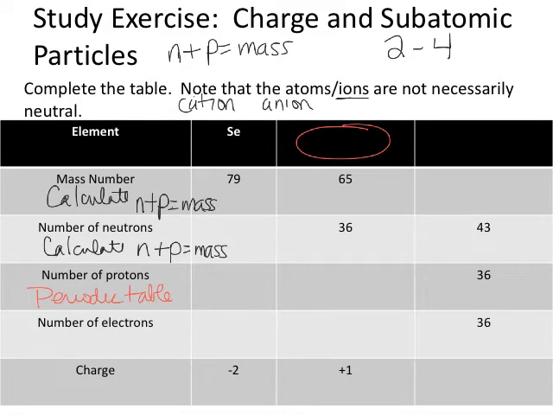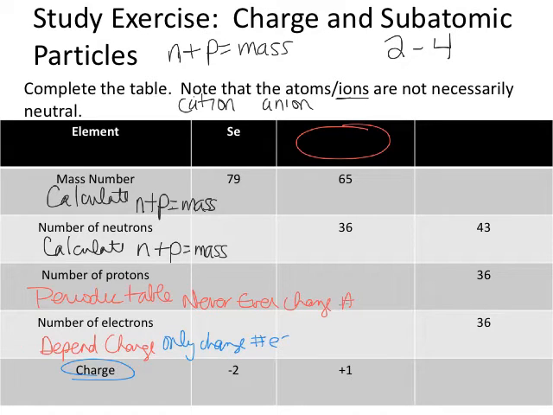And number of electrons will depend on the charge of the atom, and the charge is given to you right here. When you do the number of electrons, you only change the number of electrons. Never, ever change the number of protons. Protons are positively charged.